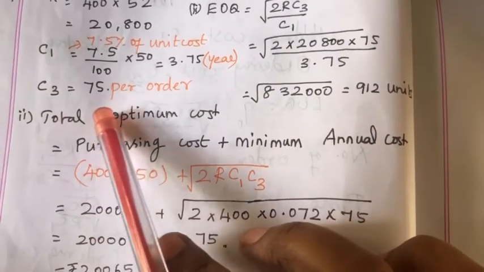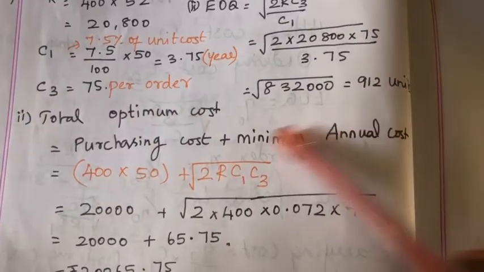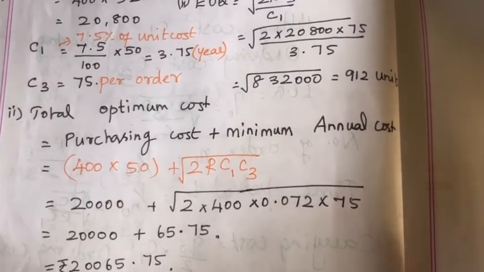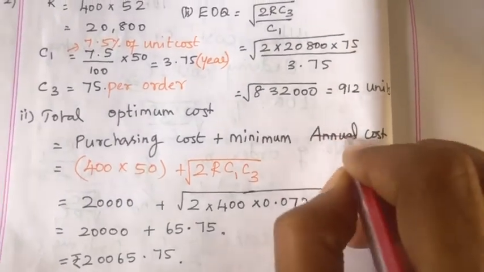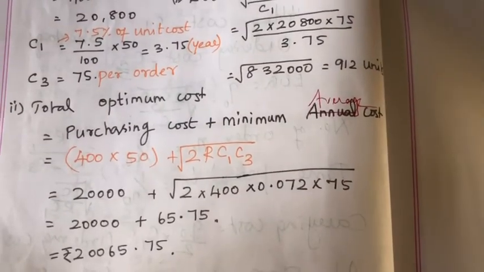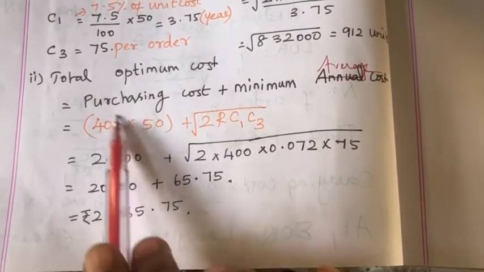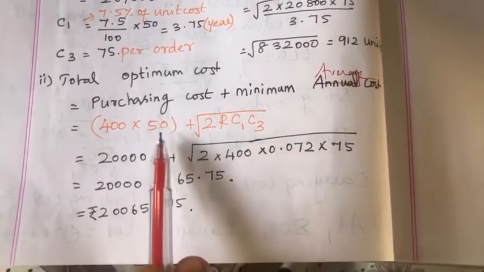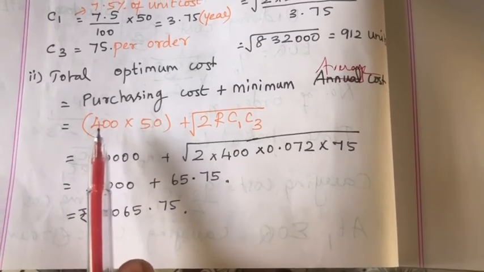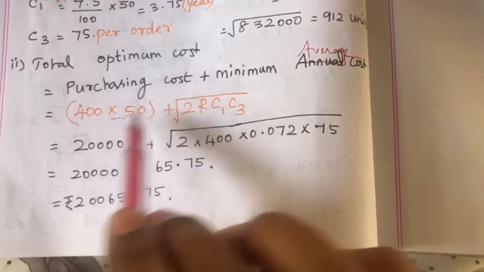Next, the second part, total optimum cost we have to find. Total optimum cost is purchasing cost plus minimum average cost. Purchasing cost is for 1 unit it costs rupees 50. So, for 400 units, that is 400 into 50 is the purchasing cost.